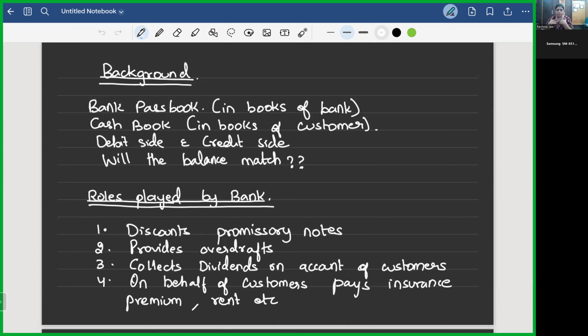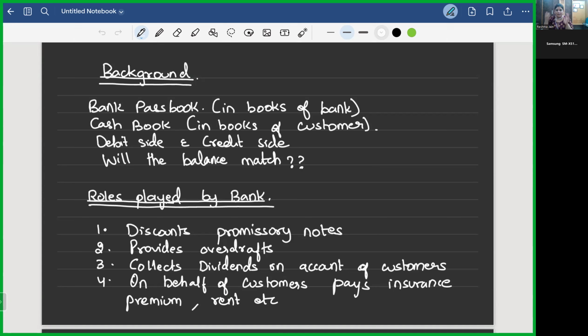Whatever transactions we have in a bank, we maintain in a separate book, which is the cash book bank column. What the bank does is maintain all the transactions for separate accounts in a separate book, called a passbook, for all the customers. So whatever transactions are in our book will be there in the passbook, the same transactions.